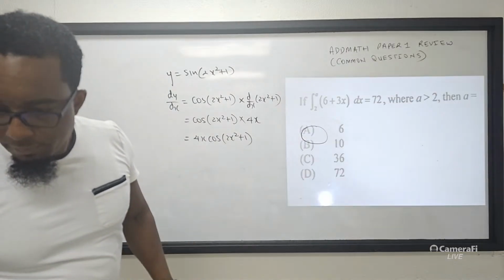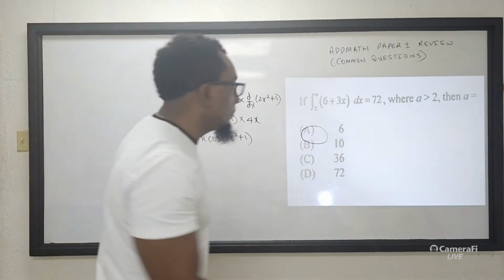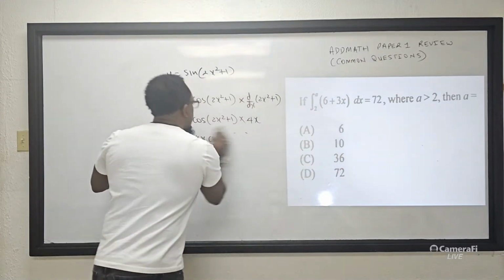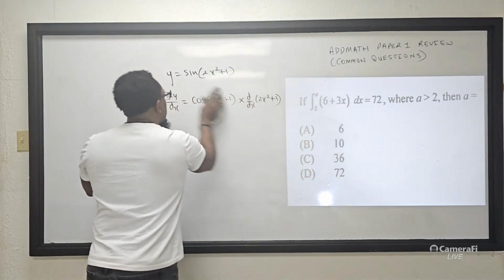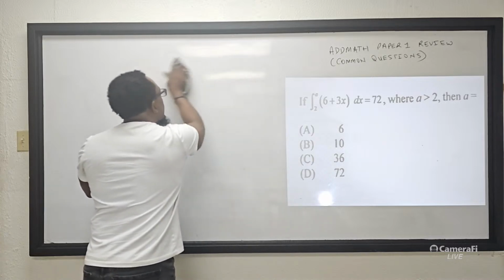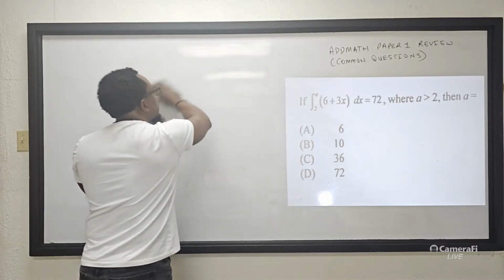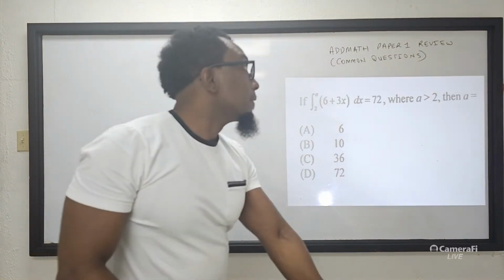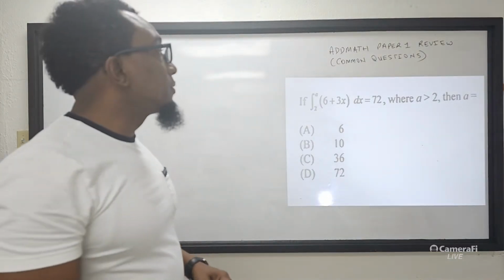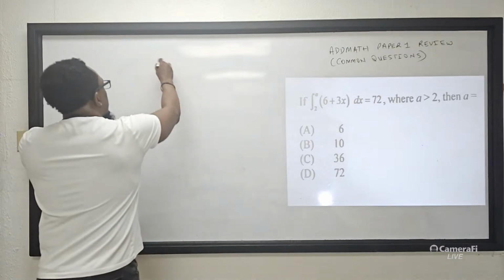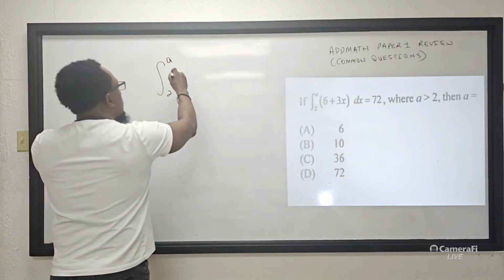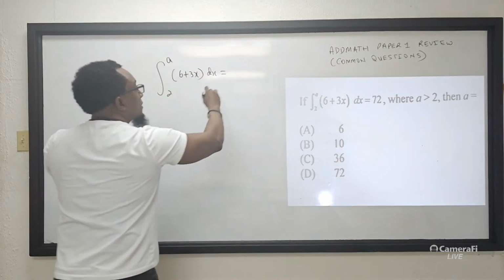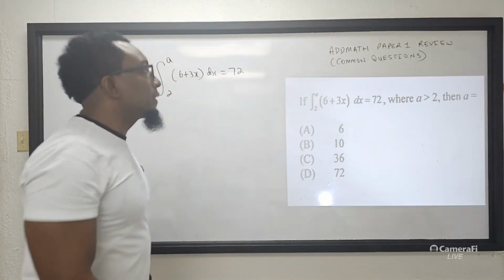Alright? Okay, so we're getting into some integration now. So we want to show that if the integral from 2 to a of 6 plus 3x dx is 72, where a is greater than 2, then what is a?